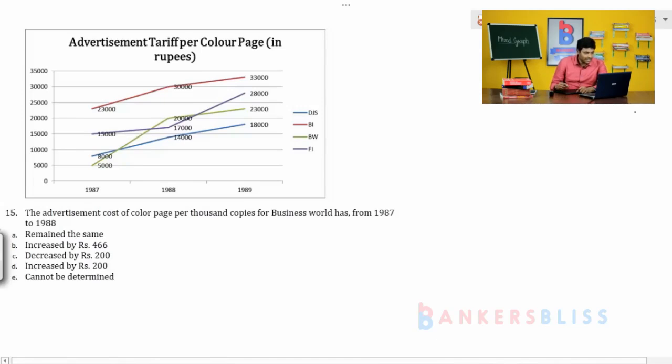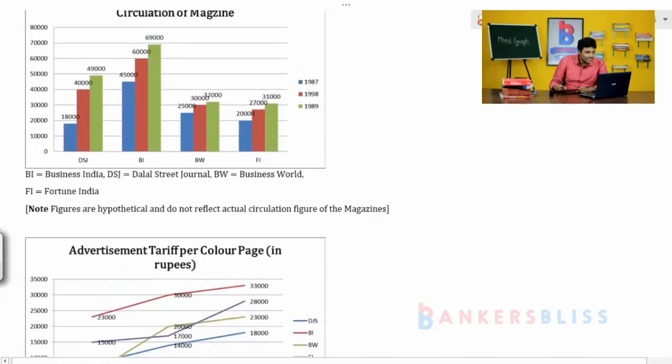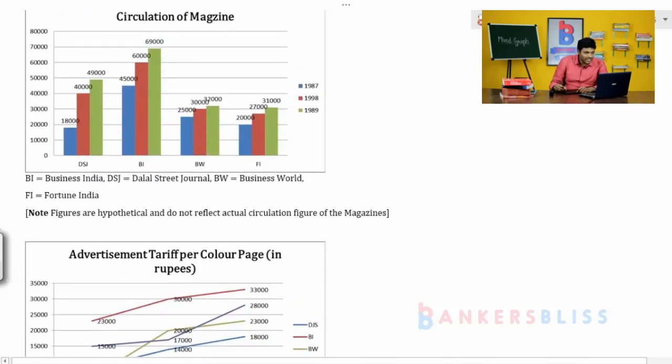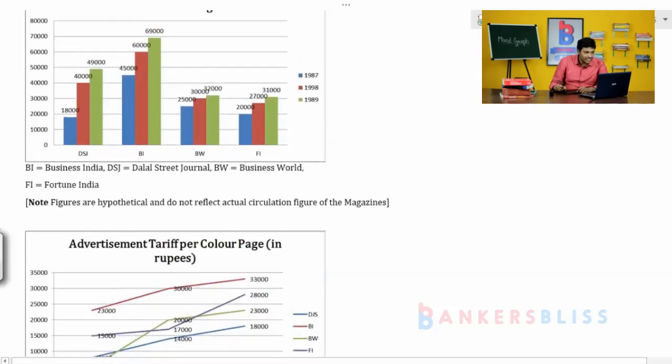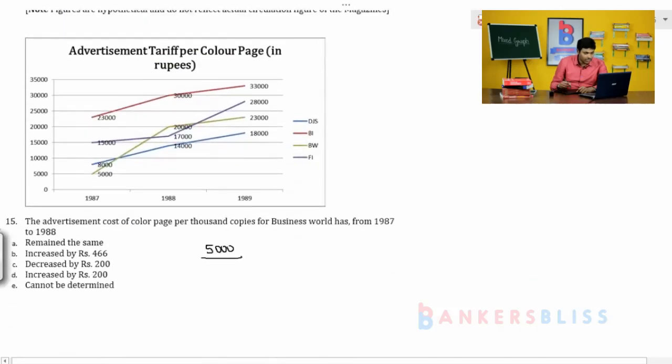Business World means light green, that is 5000. So 5000 divided by the total circulation of Business World in 1987, that is 25,000, and that is for 1000 copies.